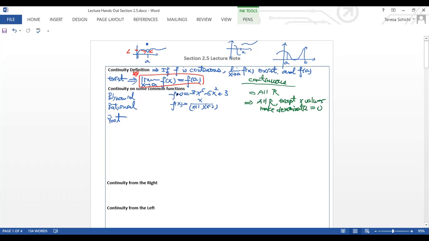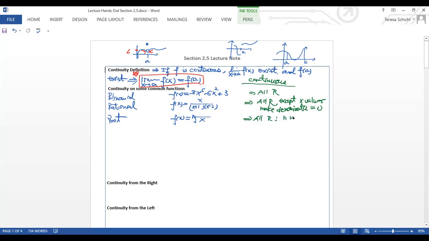So take a look at the roots. Say f of x is equal to something to the nth root. For the nth root, where is this continuous?